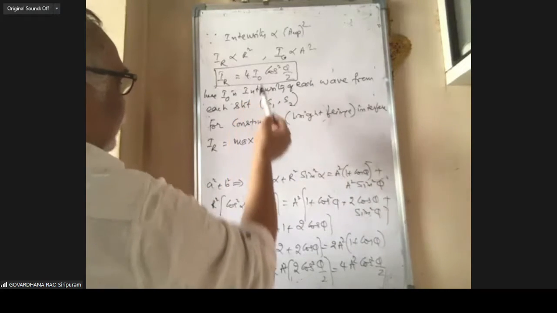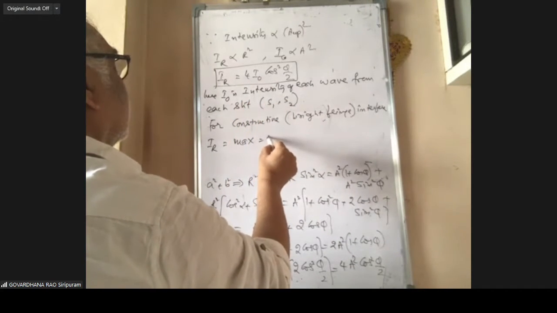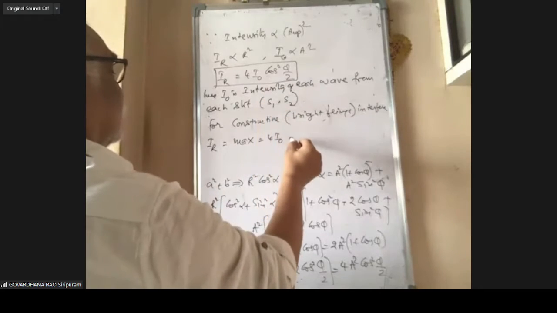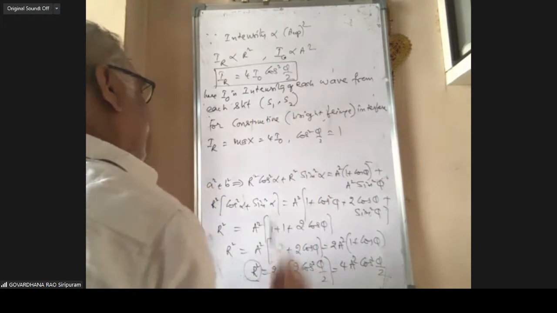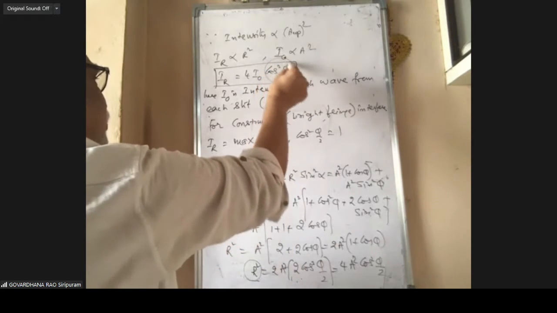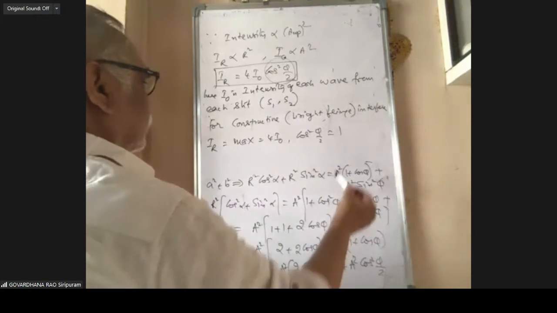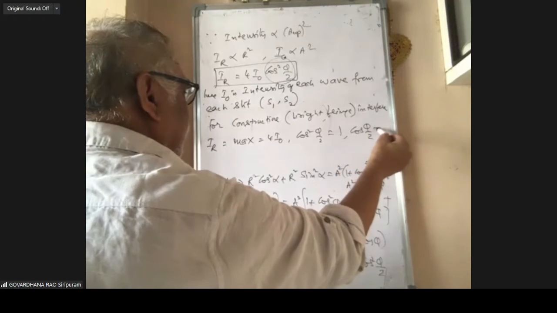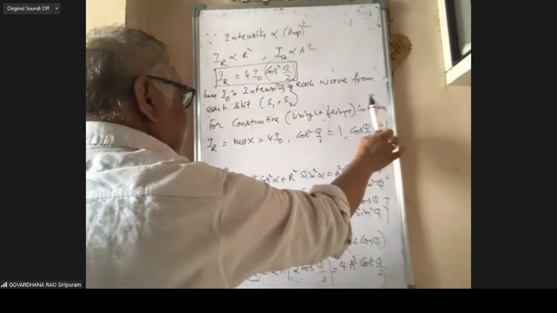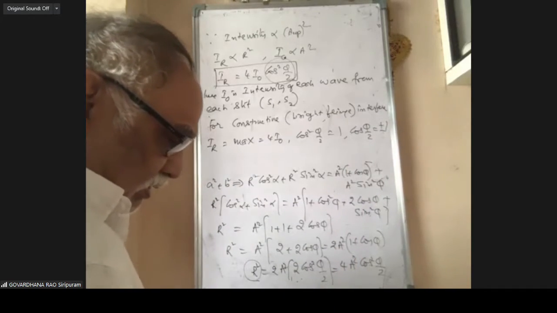Resultant intensity maximum means how much? That is 4 I naught, where cos square phi by 2 is 1. This value is 1, so cos phi by 2 is plus or minus 1. Correct?